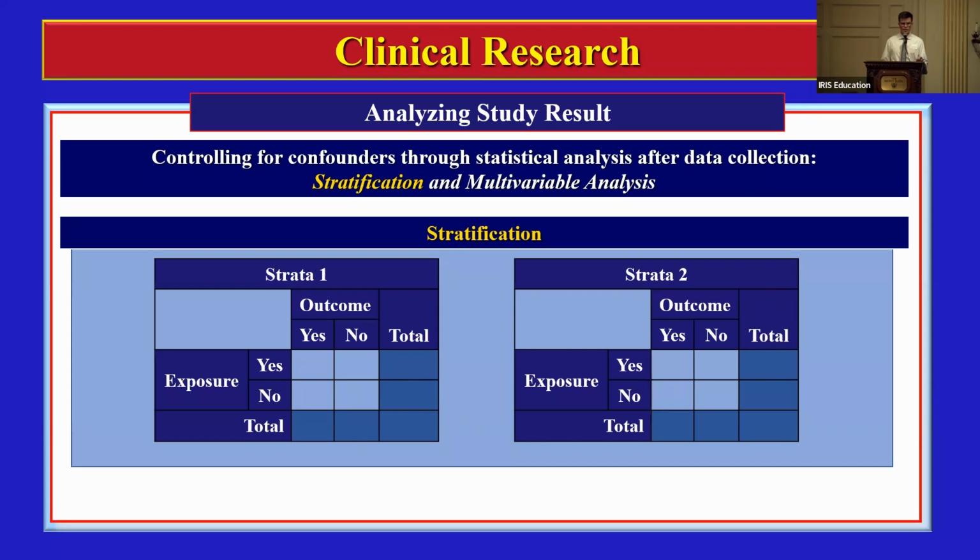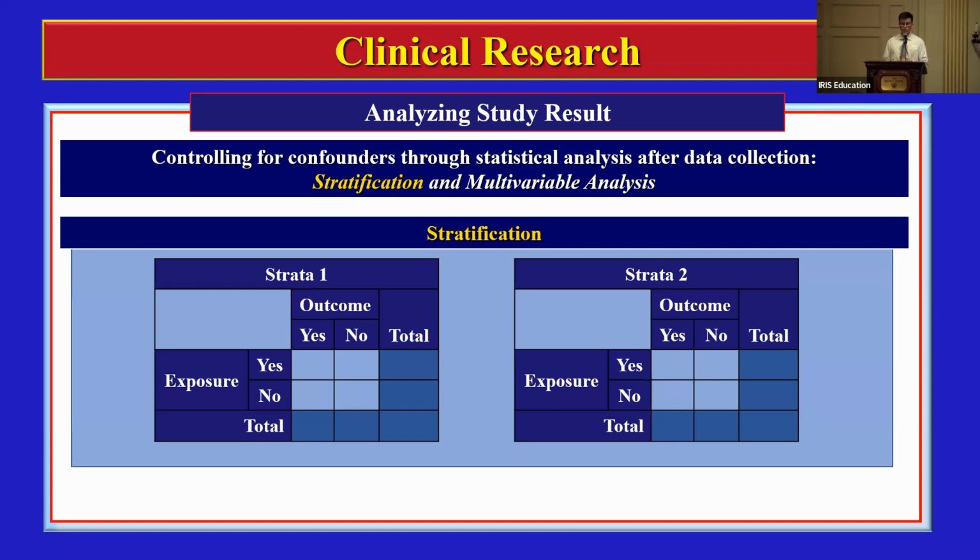But we split our data and produce an odds ratio or a relative risk based off these two strata. If we have another confounding variable in addition to this, we would have to cut our data again. And it's just not feasible to keep separating our data into strata.